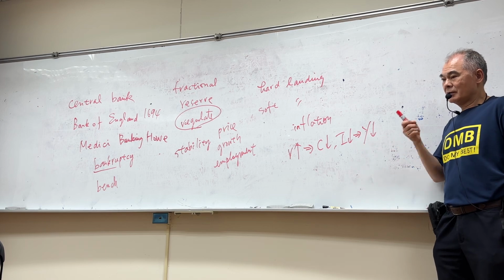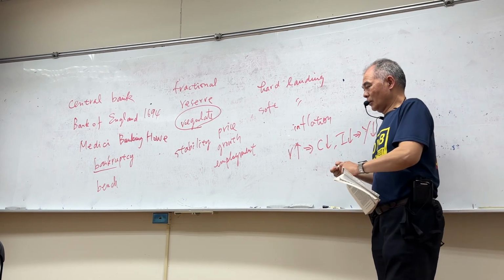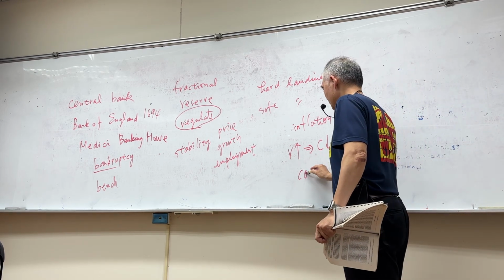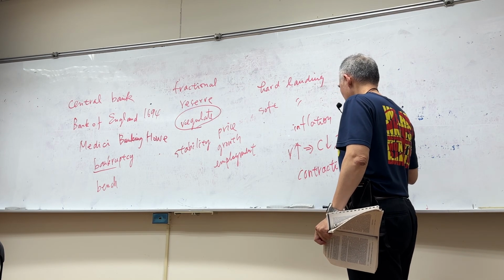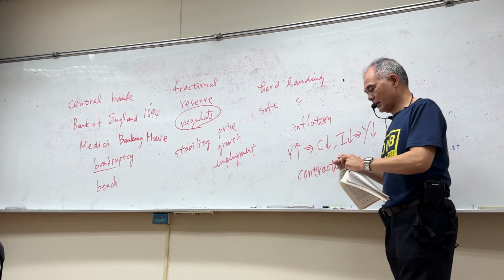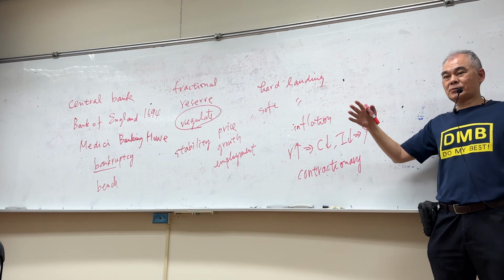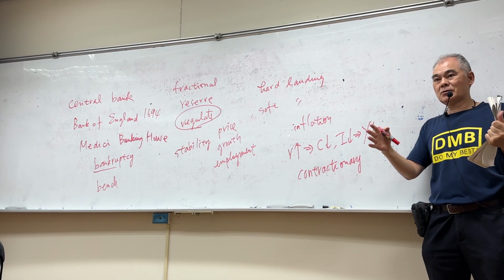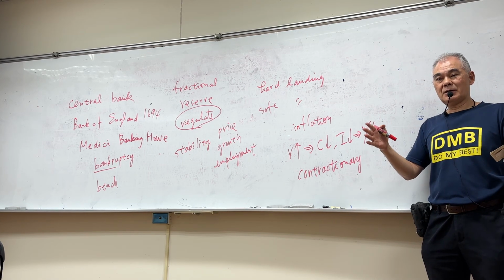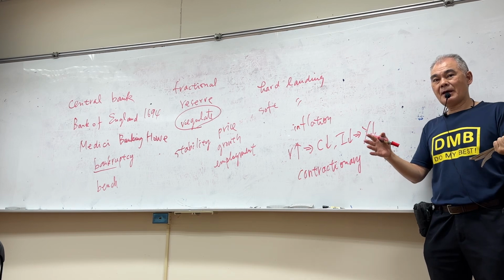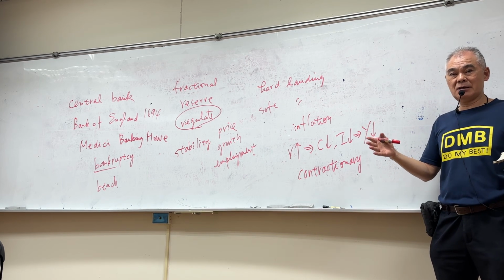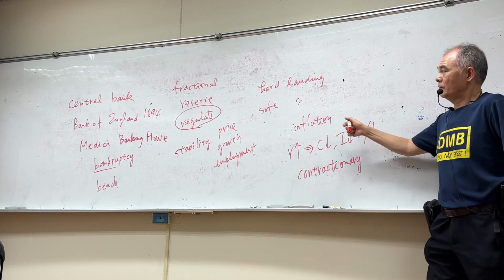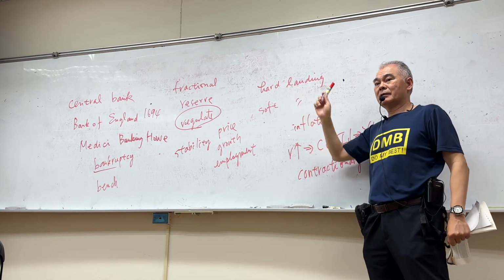So generally, this is what we call contractionary policy. It means you want to shrink the economy. Okay, so the jobs gonna be lost. Okay, and some people, if they lose their job, they're gonna lose their income. So it's not good. So that's what we call hard landing.